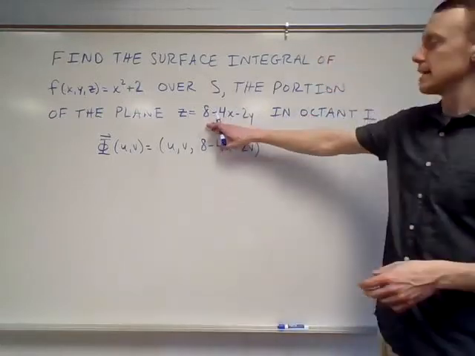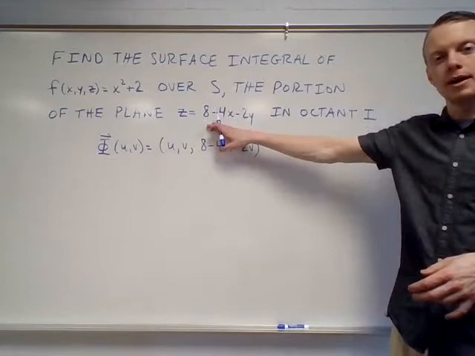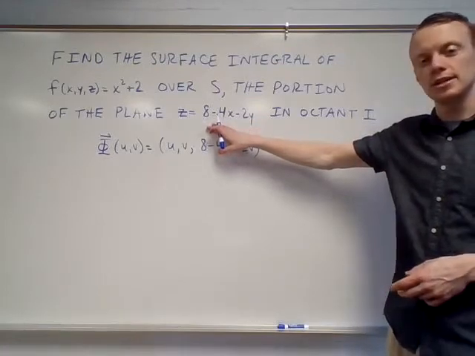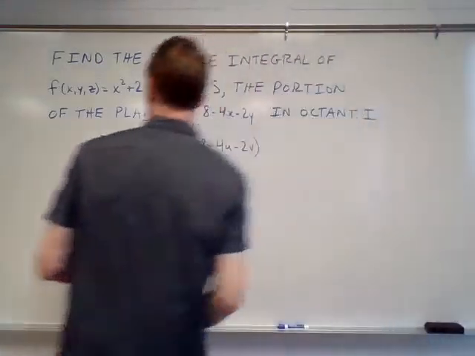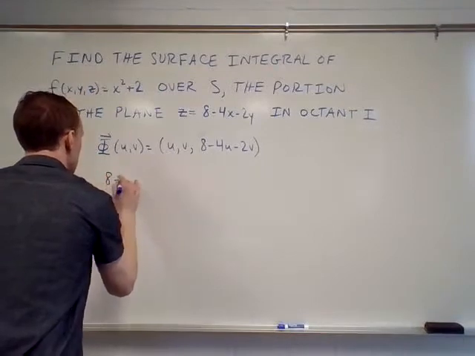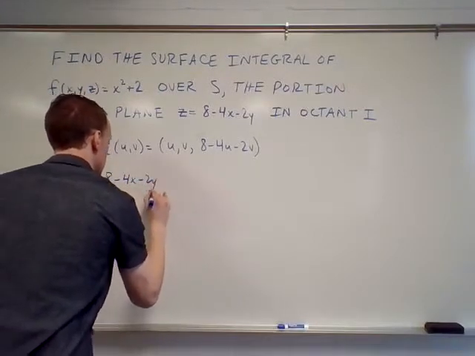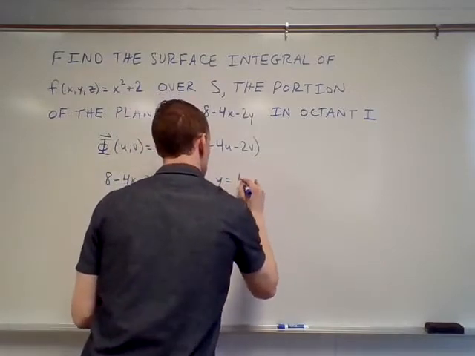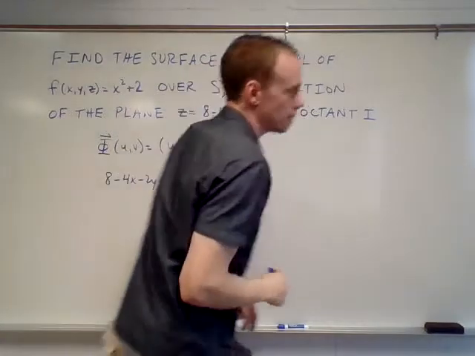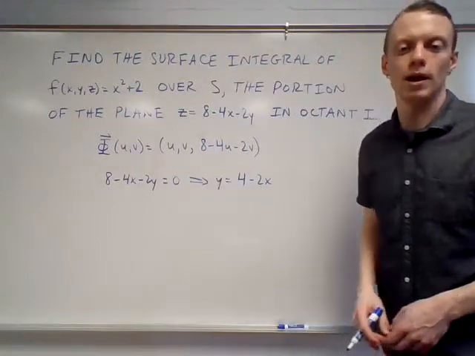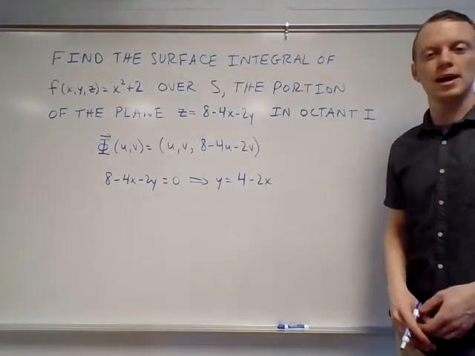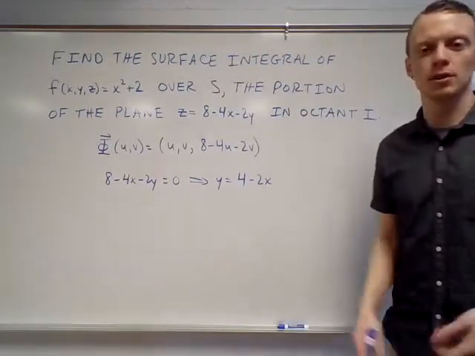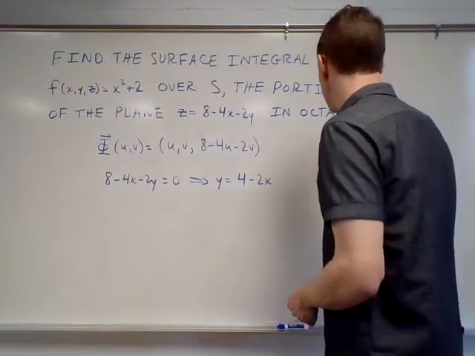So taking 8 minus 4x minus 2y and setting it equal to 0, we find that we get the line y is equal to 4 minus 2x. So I'm just going to give a little sketch of this guy over here.